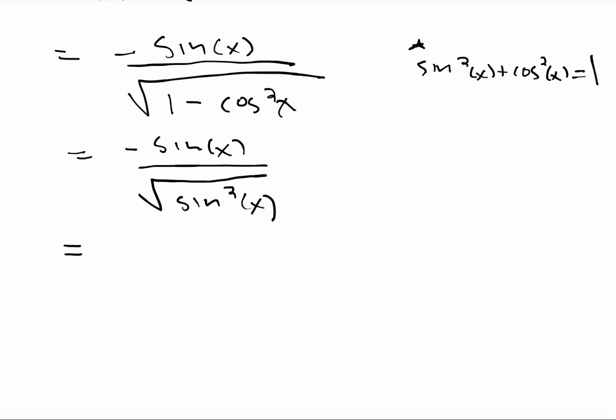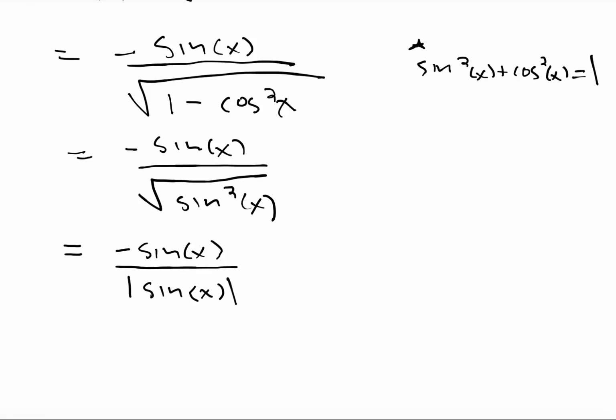Basically, if you plug in a positive, this is going to eventually spit out a positive, and if you plug in a negative, it'll eventually do the same thing. Really, what the square root of a square is going to simplify to is actually the absolute value function, right? We know that if we started with a positive value for sine of x, it'll come out positive. If we started with a negative value, it'll also come out positive.